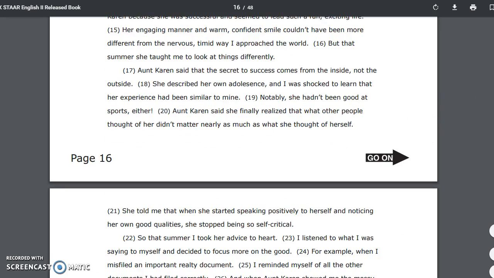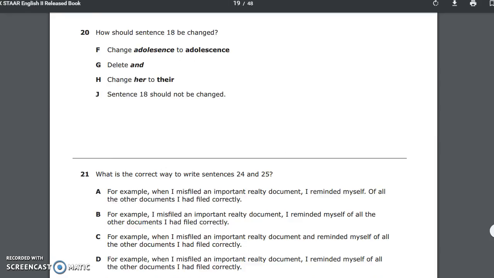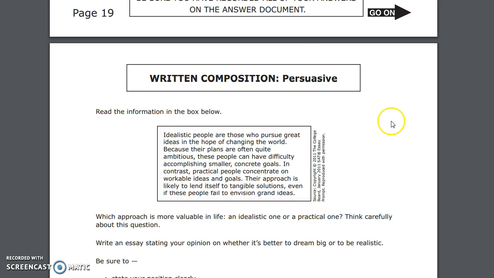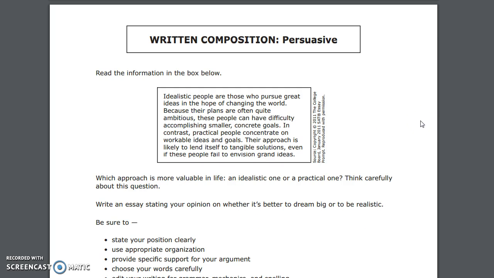So let's review one more time very quickly what we talked about. Let's go back to the essay prompt. So I get my STAR booklet, I read my essay prompt, I do some planning in my test booklet, think about the prompt, and then I leave it alone for a little while. I go to my reading. I'm going to look for my paired passages, I'm going to do my short answer rough drafts, and then I'm going to do my reading multiple choice.